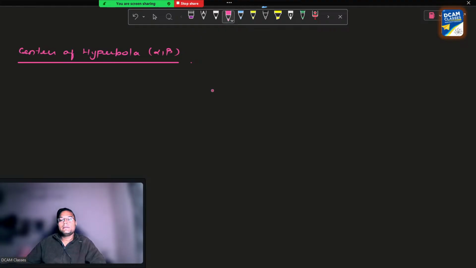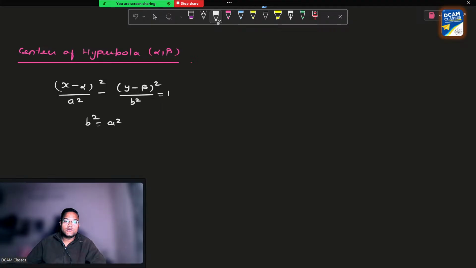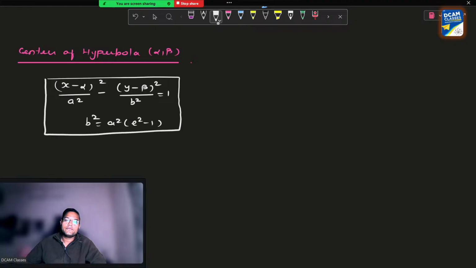If the center of the hyperbola is alpha, beta, like the ellipse, you must have remembered that the equation becomes x minus alpha whole square by a square minus y minus beta whole square by b square is equal to 1, where b square is equal to a square into e square minus 1 still holds. This part should be clear to you because we have done this in the ellipse also. Right, Diva? Right, Haripriya? Kanishka?